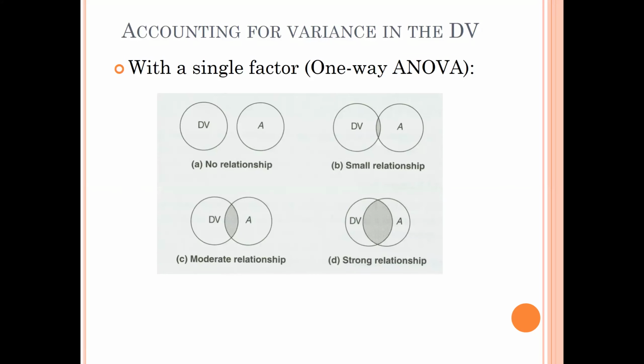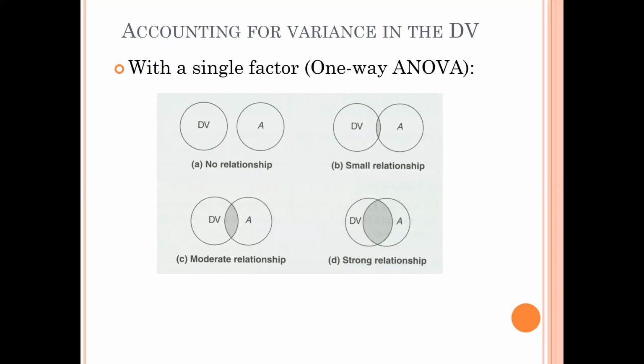So a graphic to take a look at this is a graphic where you are trying to account for variance in the dependent variable with various independent variables, factor A's, and we just have one of these independent variables in these graphics. So in the first upper left-hand quadrant, you see factor A has no relationship with the DV.